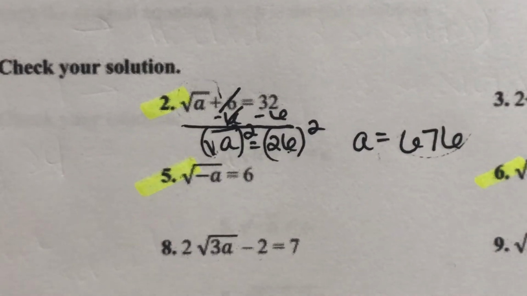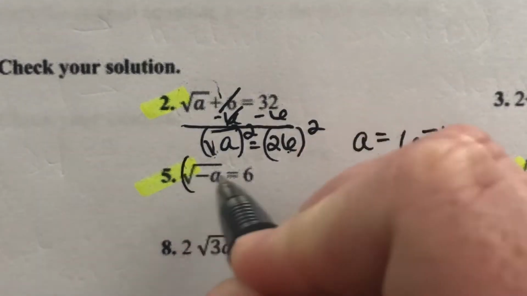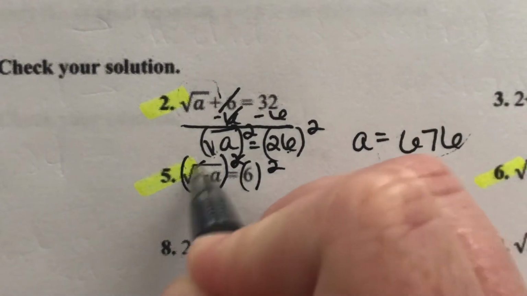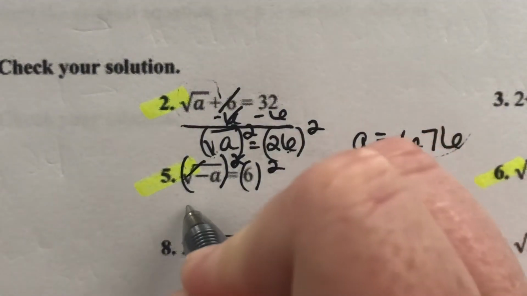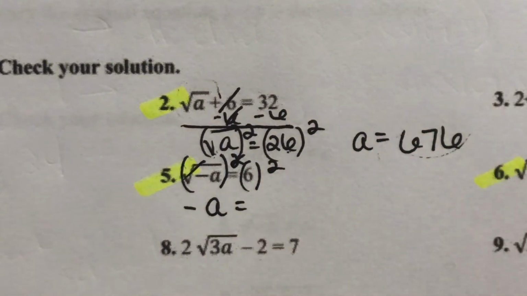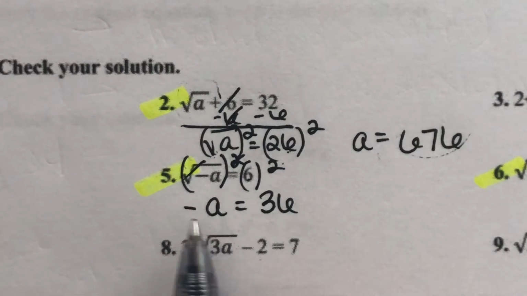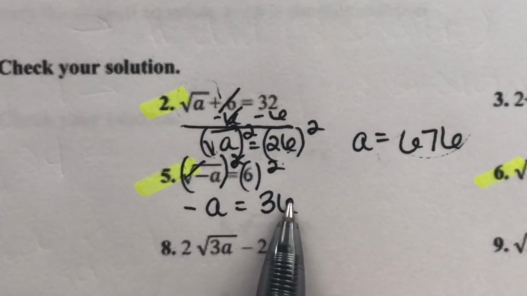So the only thing I need to do here, there's nothing around the radical, so all I can do is eliminate the sign by squaring this side and by squaring this side. So the squared and this radical cancel each other out, and I'm left with negative a equals 6 squared is 36. Okay, so now I've got negative a equals 36.